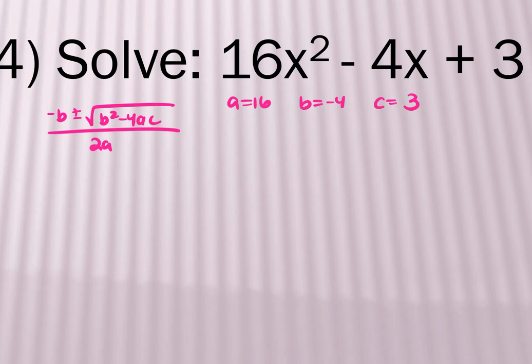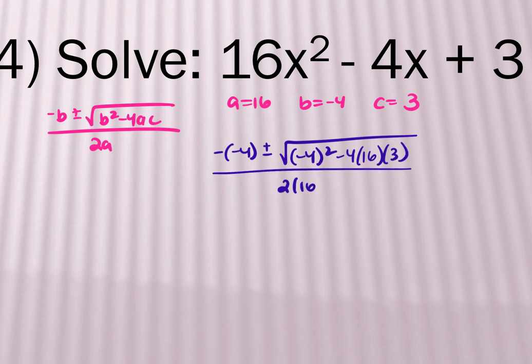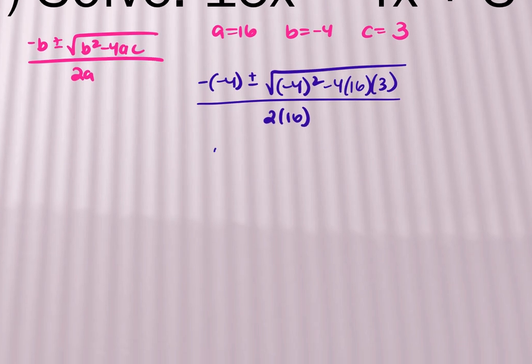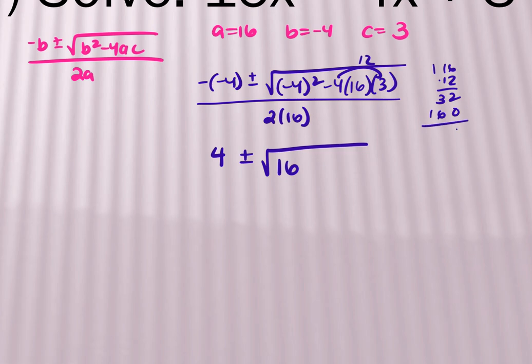So I get 4 plus and minus the square root of 16, minus 4 times 16 times 3, which is 192, all over 32.